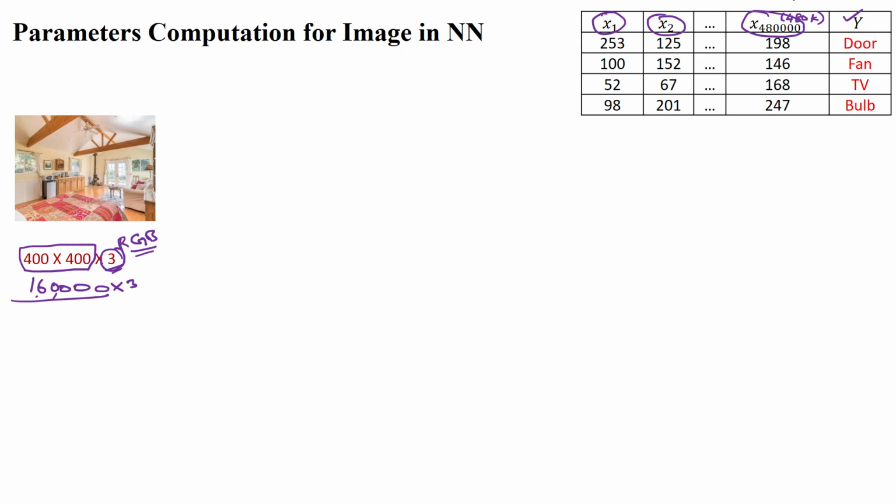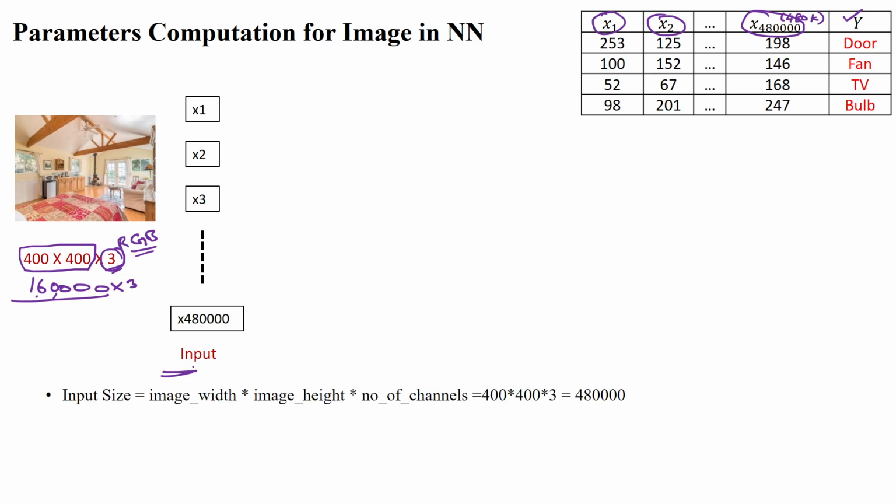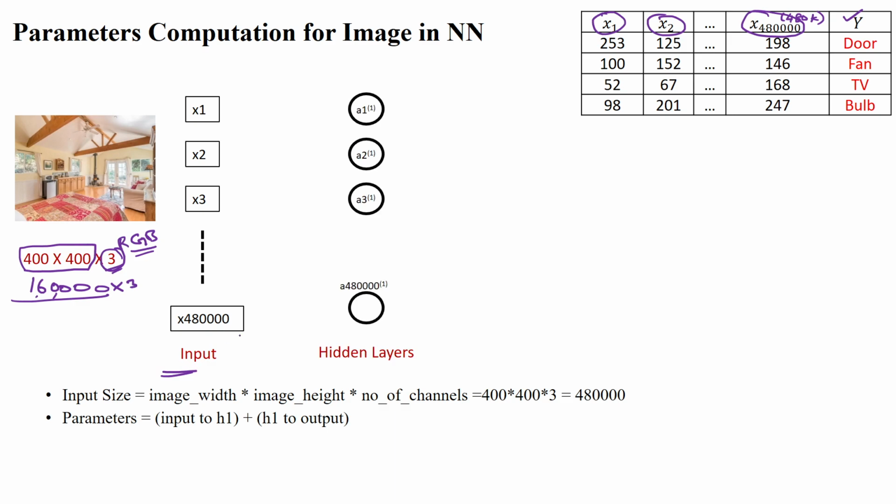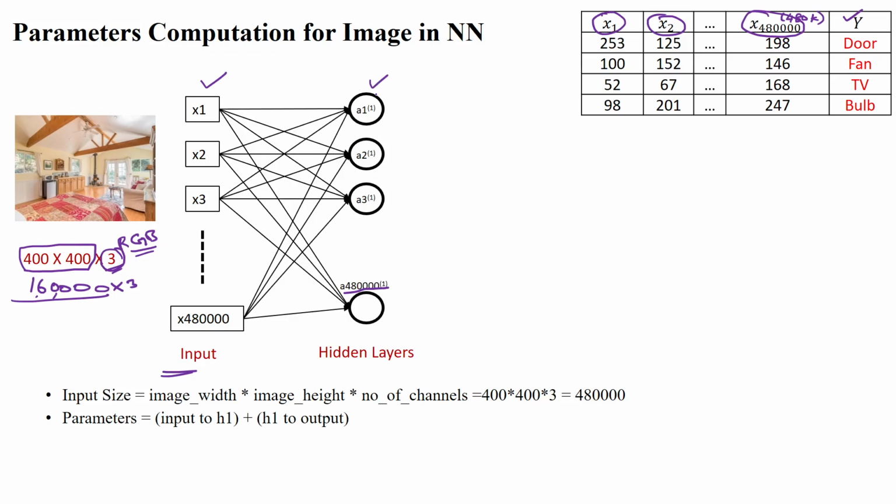This number of inputs we are going to take in the input layer. Then we construct the hidden layer with the required number of neurons. For example, here I am going to construct the hidden layer with 480k neurons. Then we have to connect the input layer and hidden layer, so we make the connection between them.